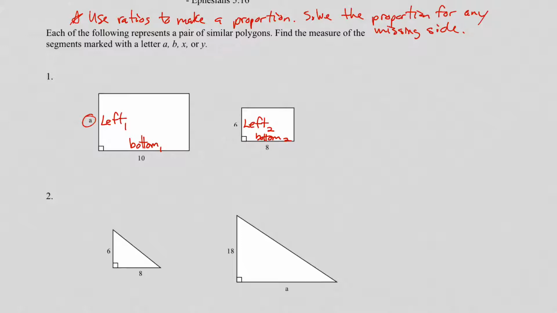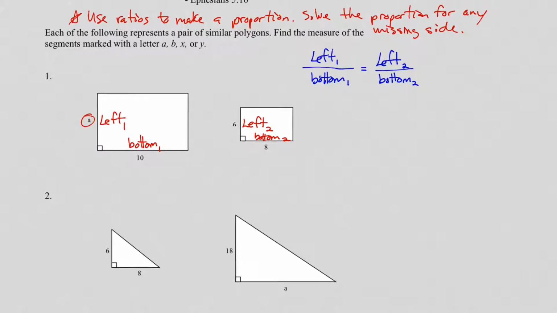All right, we could make a ratio of the left and the bottom, for example. And if I make a ratio of the left and the bottom, then basically I can do the left 1 over bottom 1 equals the left over bottom, as long as it matches, left on top, bottom on the bottom. Okay, so I can do it like that.